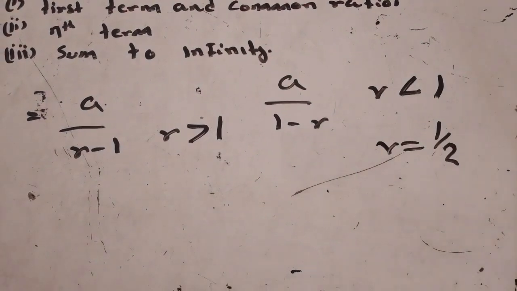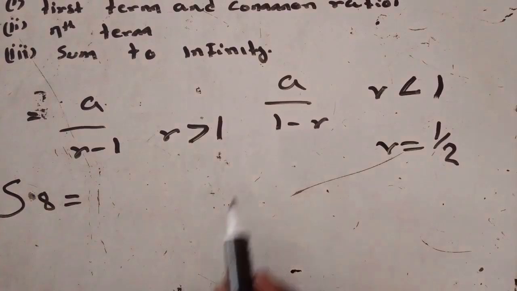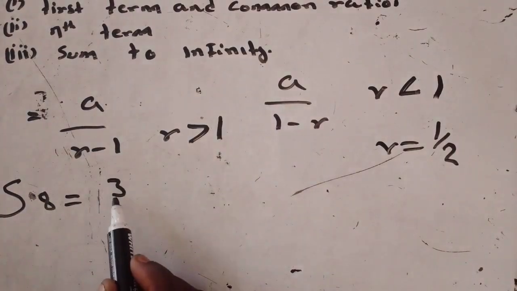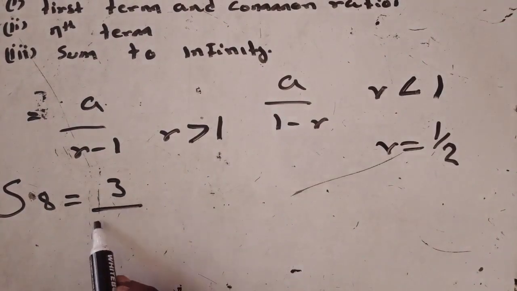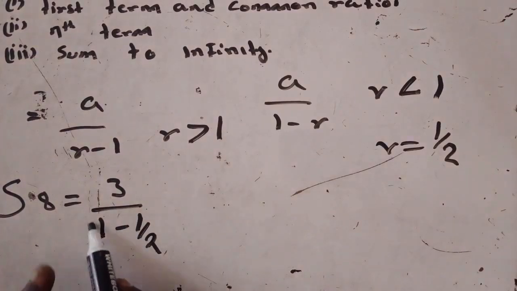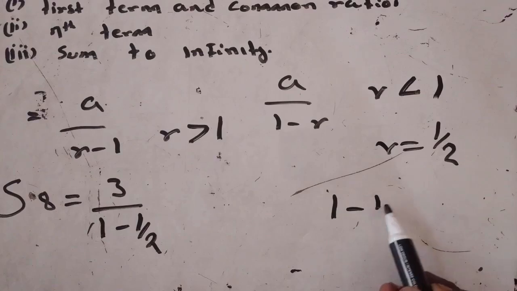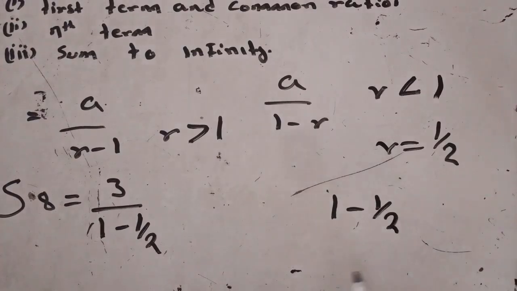The second method which we're going to write is like this. Sum to infinity is equal to a, we found our a to be 3, isn't it? And over 1 minus our r, which is 1 over 2. So here you begin by dealing with this fraction. First of all we find the common denominator where 1 and 2 can go into 2.